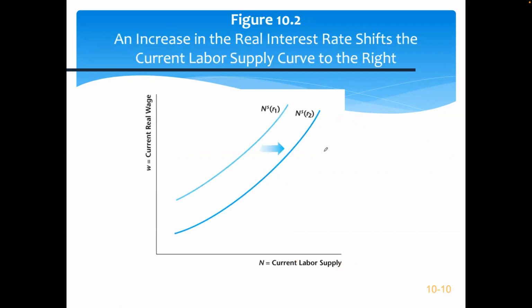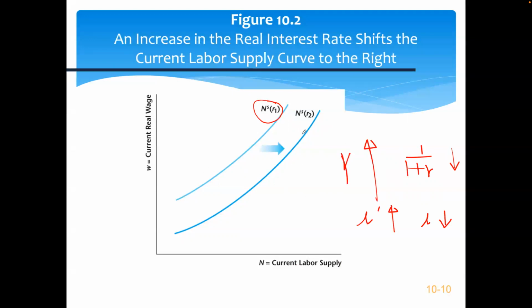Why? Because if R increases, then future goods become cheaper, right? So 1 over 1 plus R is going to decrease. Future goods are cheaper. Hence, you're going to increase future L and decrease current L, meaning the labor supply is going to increase, right? So it's going to shift to the right.